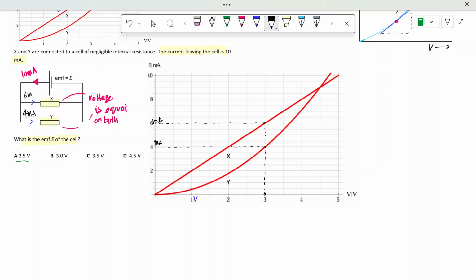That is exactly 10 milliampere when they join at this point. So that should be the correct answer. The EMF is equal to 3 volts.